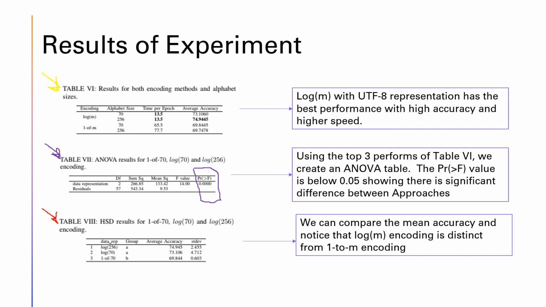However, both approaches in Group A are distinct from the 1 of 70 approach. Using these results, it is safe to conclude that log of M is significantly better than the 1 of M approach.